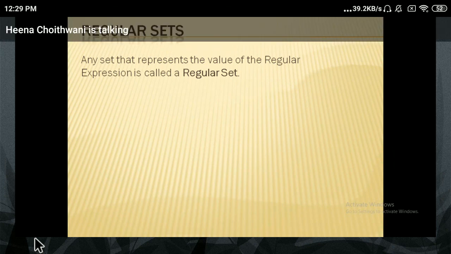This definition says any set that represents the value of a regular expression is called a regular set. I repeat, any set that represents the value of a regular expression. I'm not saying regular expression, the value of a regular expression is called a regular set. Is it okay?